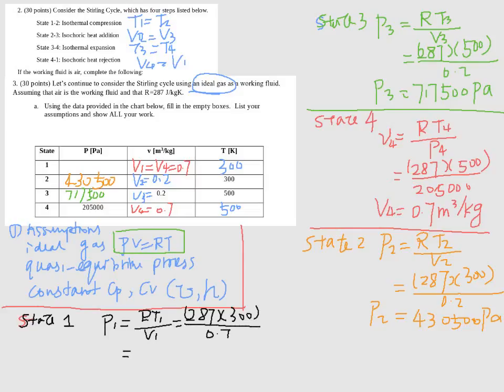That gives us 123,000 Pascal. Let's just put this in the empty box here, 123,000. So now we have all the values that we need.